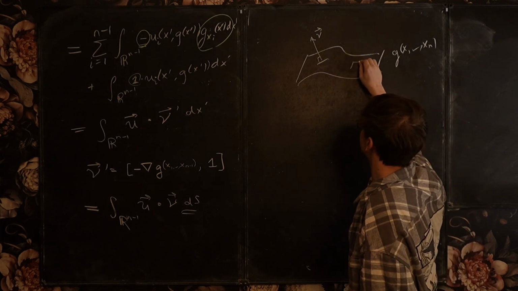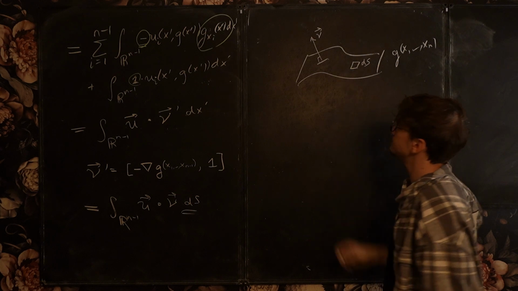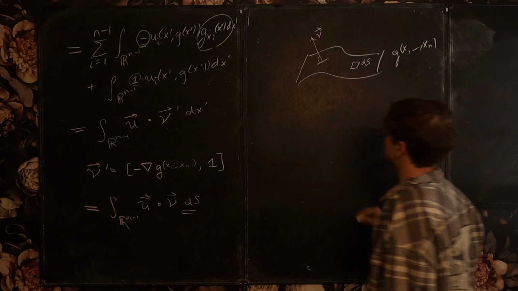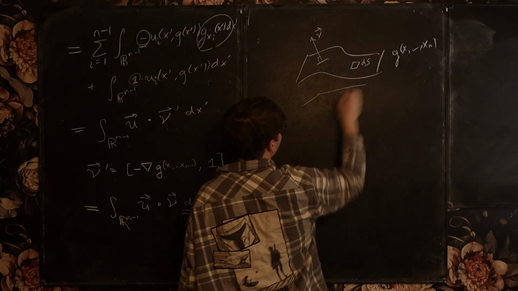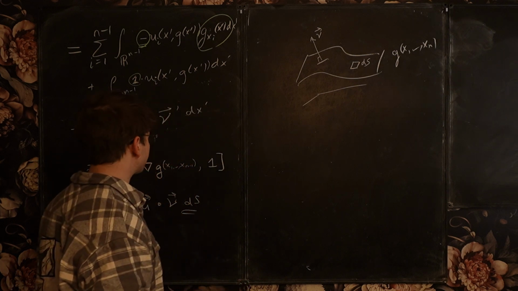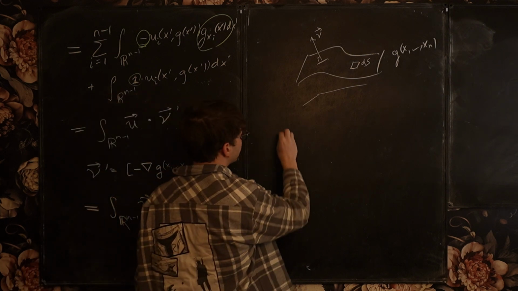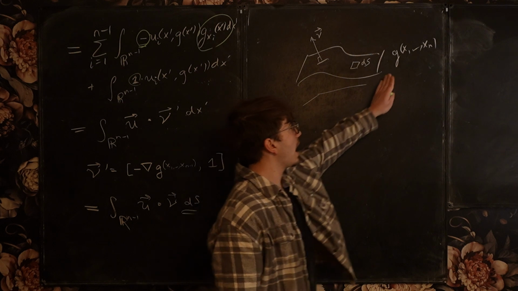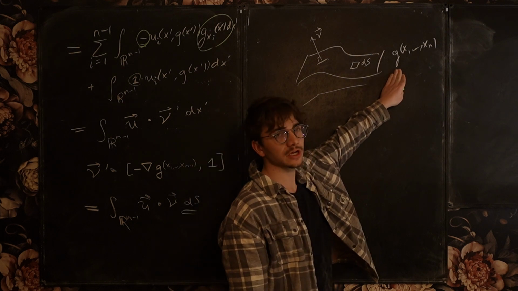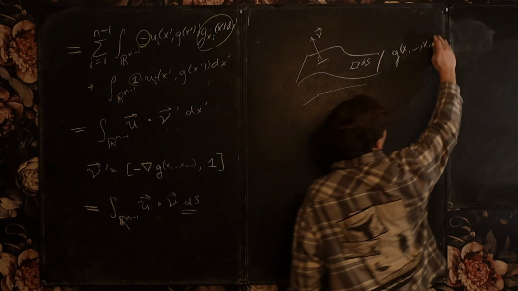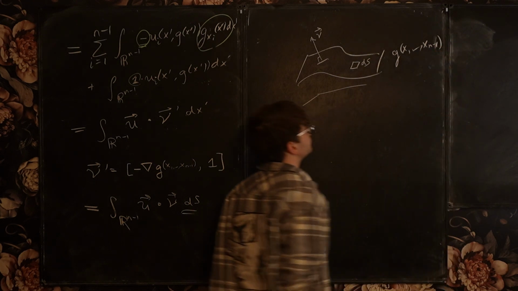So what is the surface area element ds? All right, so these are the two things we need to understand. So first of all, the outer normal vector v. The surface is the graph of the function g from x1 to xn minus 1.